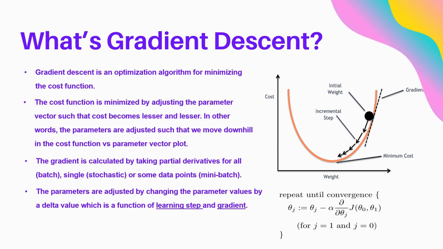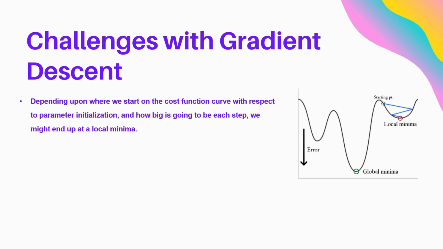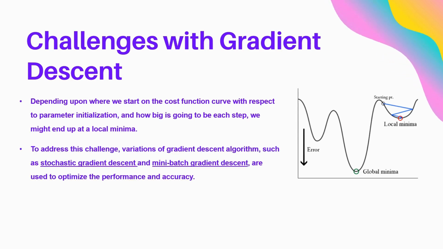Now let's look at some of the challenges of the gradient descent algorithm. Depending upon how we initialize the weight vector or the parameter vector and the value of the incremental or learning step, there are chances that we can land up at a local minima when optimizing the cost function. This is one of the most commonly seen challenges with the gradient descent algorithm.